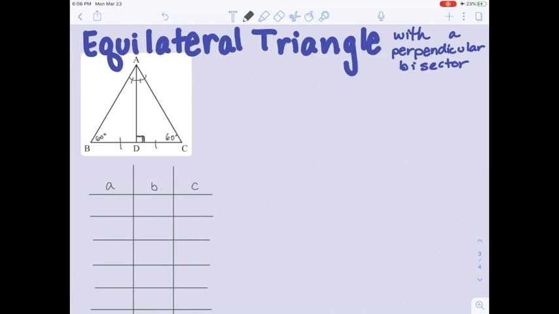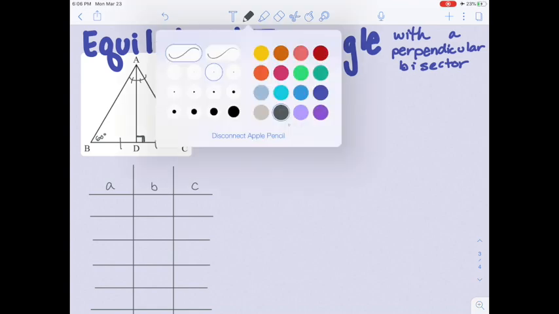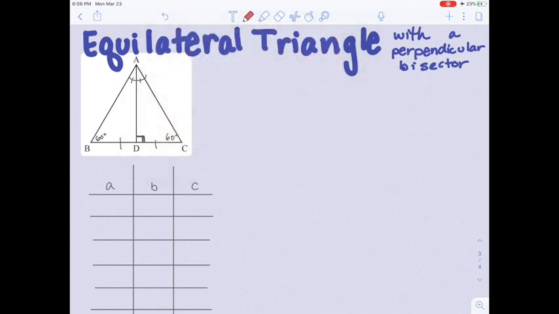So if we focus just on triangle DAC, just that triangle, what type of triangle is that? Good, that's also a right triangle if we focus on just that half of the equilateral triangle. And how many degrees are right here at angle DAC?